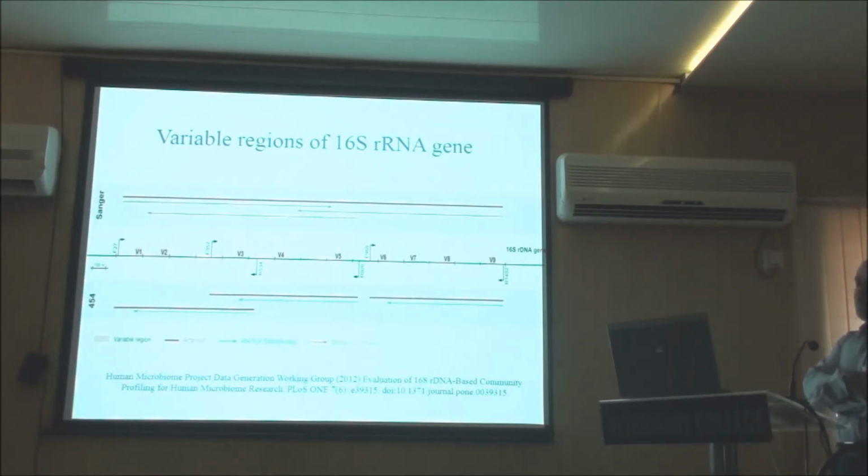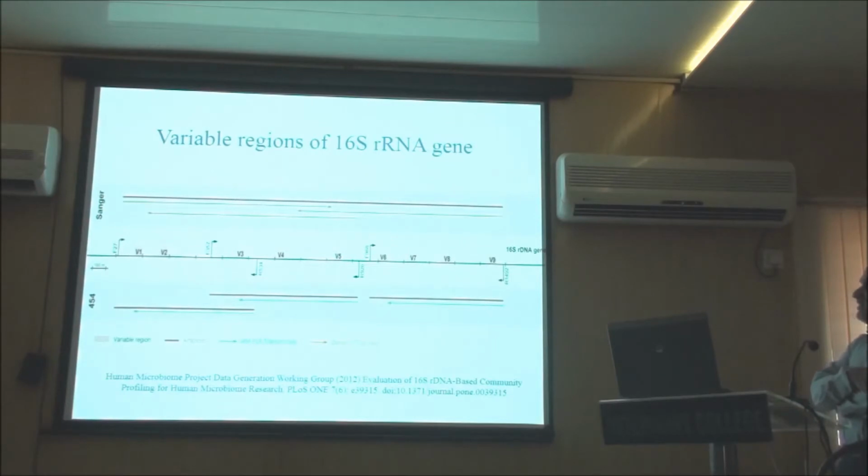So as per your wish, you can either amplify a single hypervariable region V1, V2, V3 individually, or you can amplify them in combination, V1 plus V2, V3 plus V4, or V6 to V8, three regions together, depending on the read length of the technology which you are using.